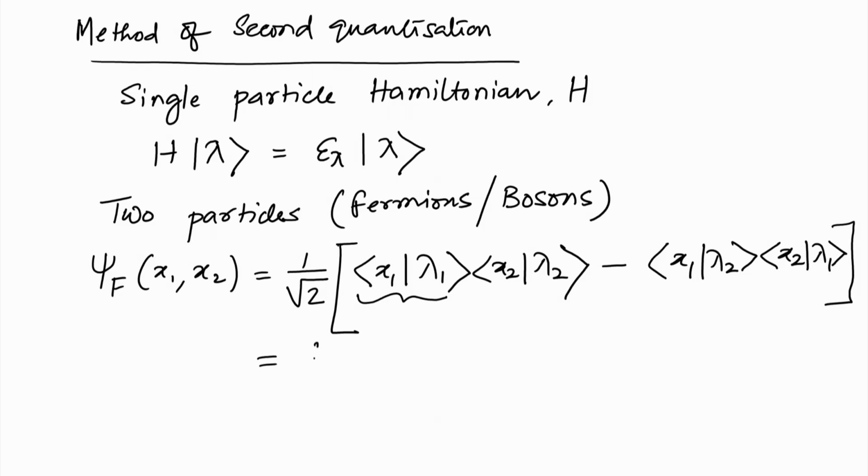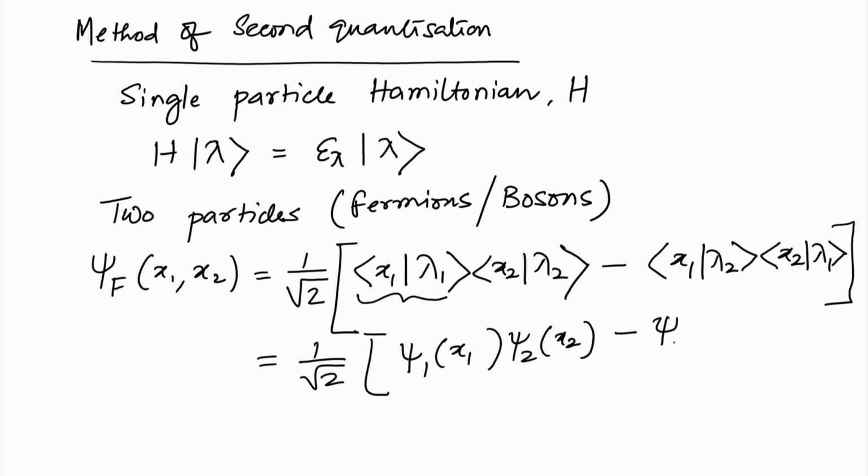We can also write this as psi 1 x 1 psi 2 x 2 minus psi 1 x 2 psi 2 x 1. Possibly this is a simpler notation for you, because we are writing down the wave function.